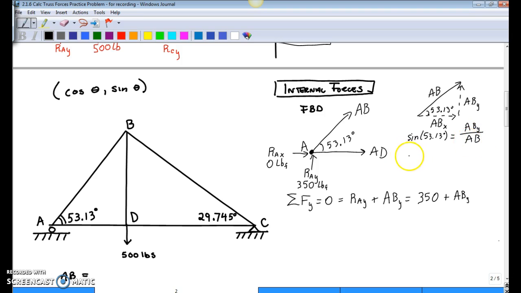So AB in the y direction is equal to AB times sine of 53.13 degrees.